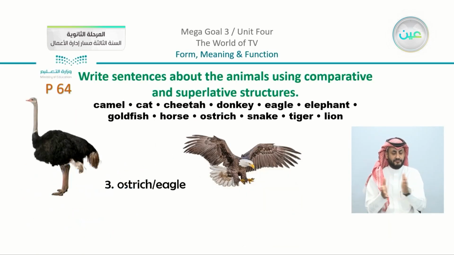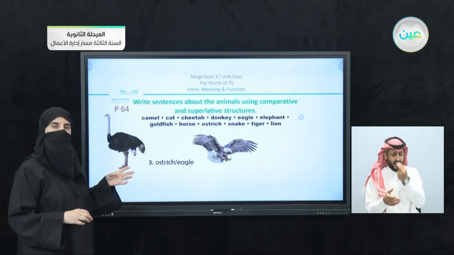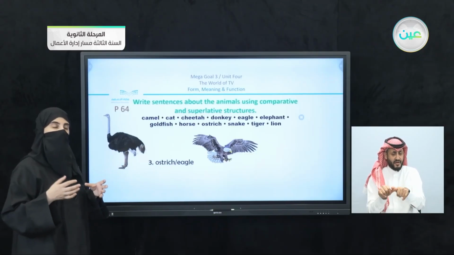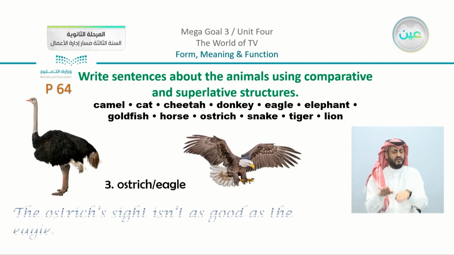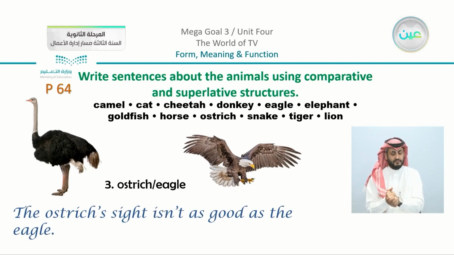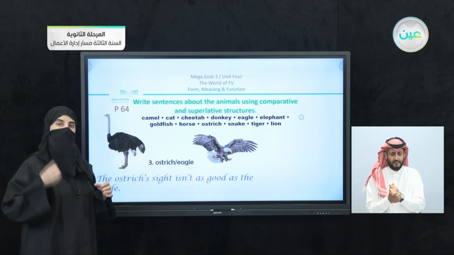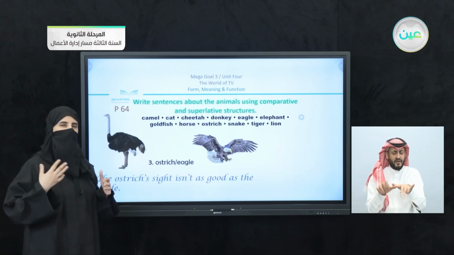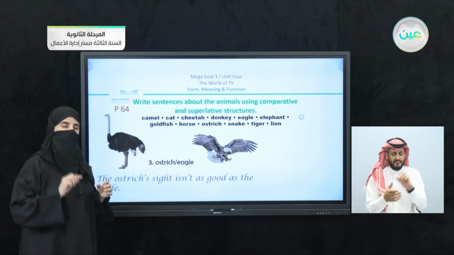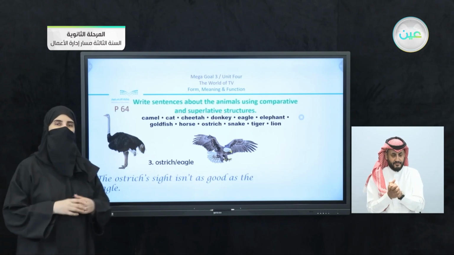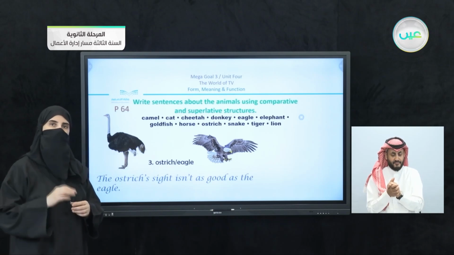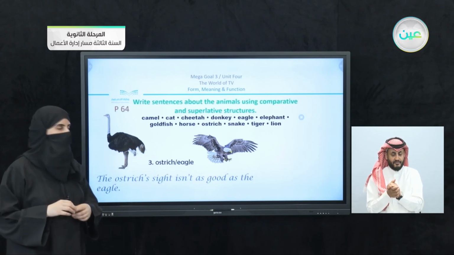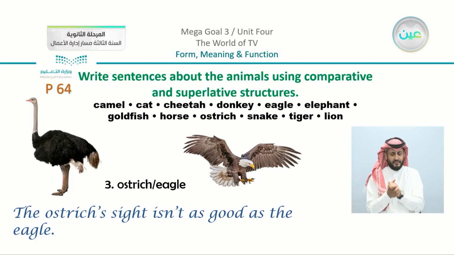We have here the ostrich and the eagle. Now we can say that they are all bird types, but how can I compare? We can say that the ostrich's sight. Do you remember when we talked about the ostrich in our first unit and said that it has poor eyesight, the opposite, it has very strong eyesight. Or accurate, we can say. Now, the ostrich's eyesight isn't as good as the eagle's.